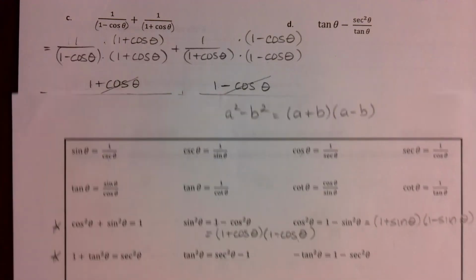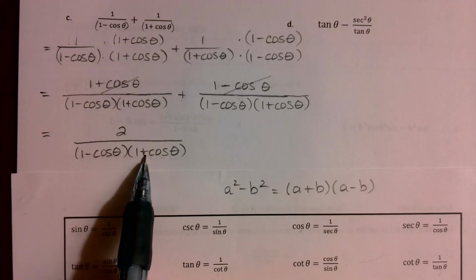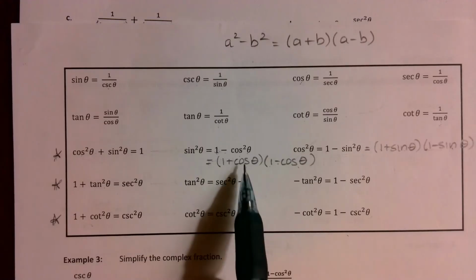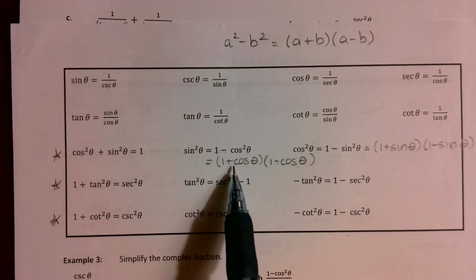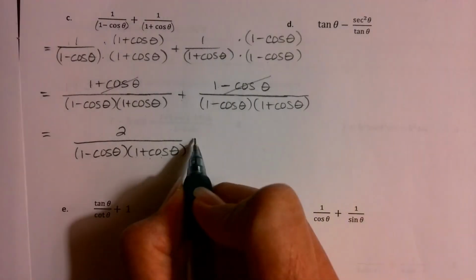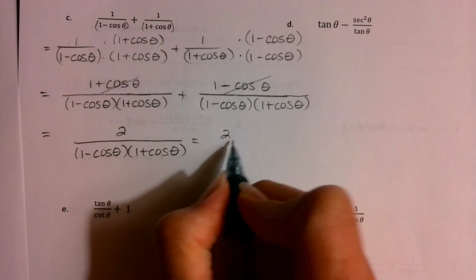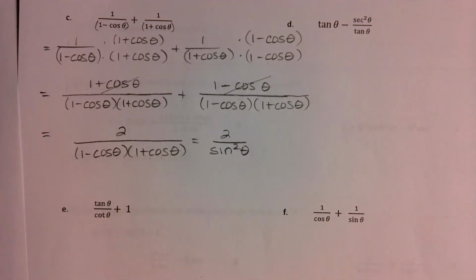So why do I share all that? Well, 1 minus cosine theta and 1 plus cosine theta we just established is the same thing as sine squared theta. So I'm going to replace my denominator with sine squared theta, because my goal is to simplify.